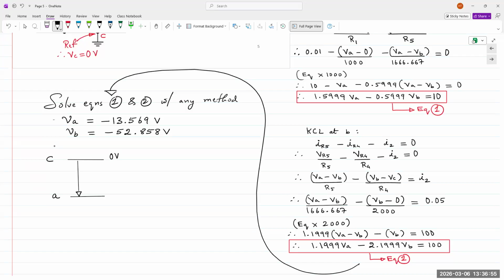And node A is 13.569 volts below C. Node B, however, and of course this is not to scale, is right here. And this is 52.858 volts below C. That's it. That's all it means. It doesn't mean anything else.